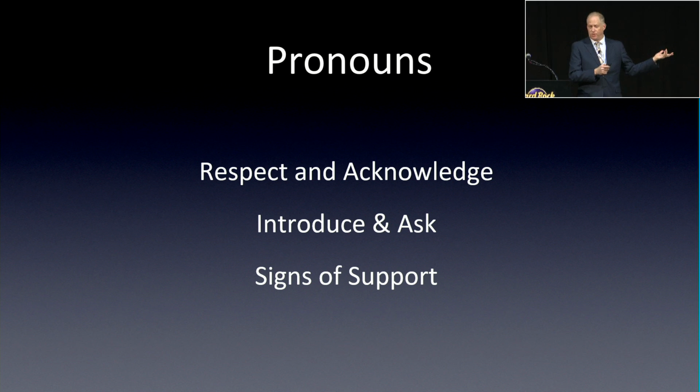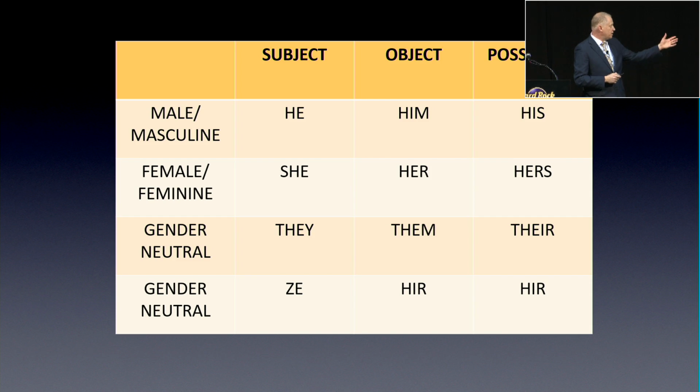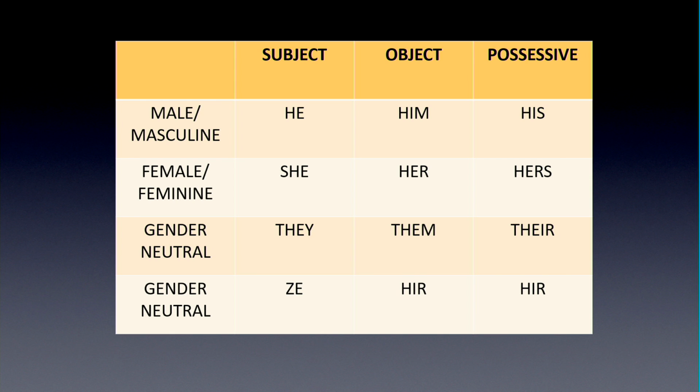Again, these are signs of support. So you may decide what you're comfortable with for signs of support. But I'll give you some options as to what pronouns you might see. And these are things that are evolving, and I think they're going to continue to change. There are pronouns in here that you're probably going to look at and say, I haven't seen these before. Or maybe you've seen them, but you haven't seen them very often. And I think these are things that will continue to change. But understanding the gender-neutral category, these pronouns are becoming more common as non-binary pronouns or terms.